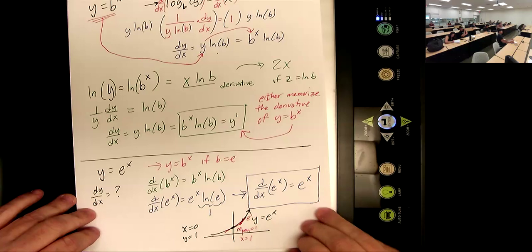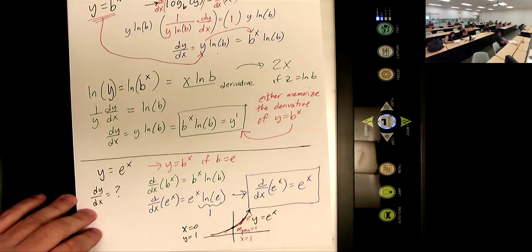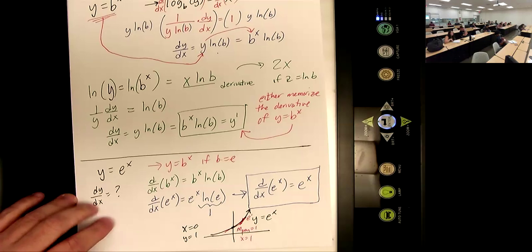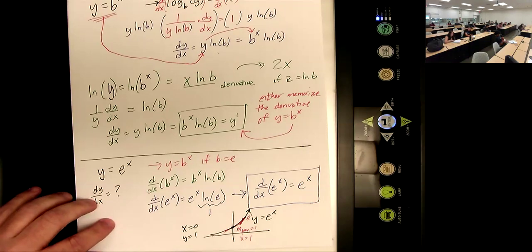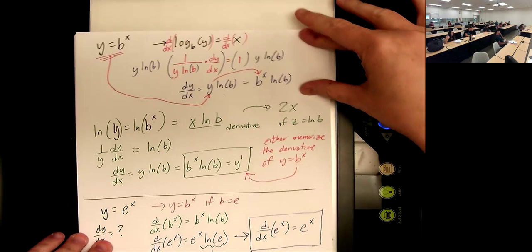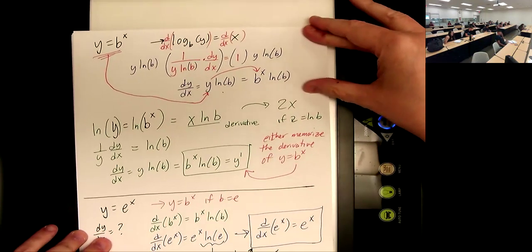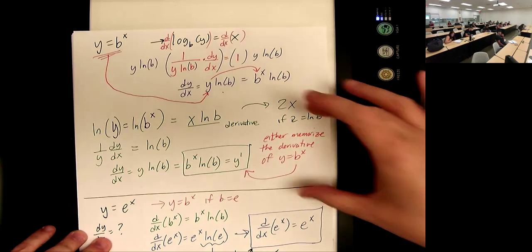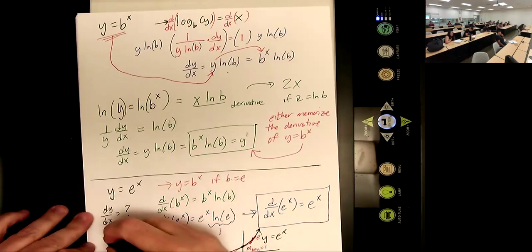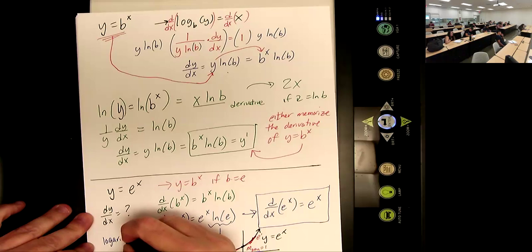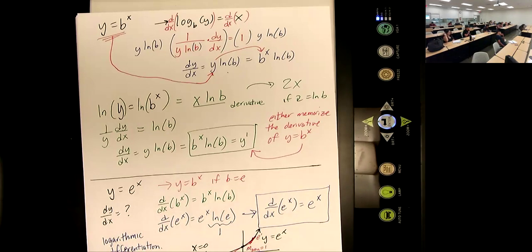The different names for the first one we did and the second one, the one we did in blue and then the one we did in green, the ways we worked them out: this one was following the inverse method. And this is called logarithmic differentiation, because we take the log of both sides, natural log of both sides.